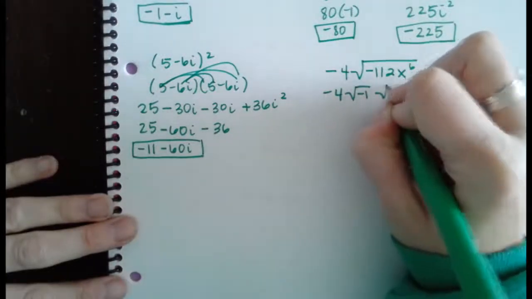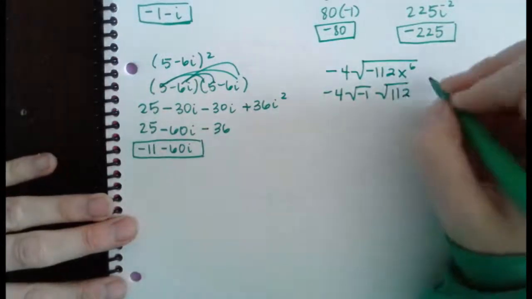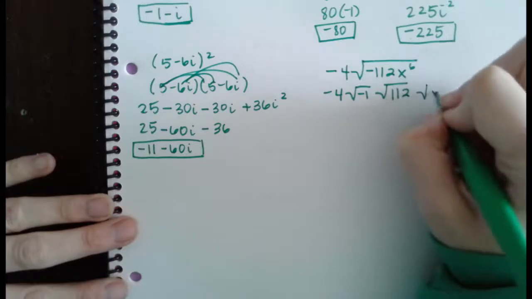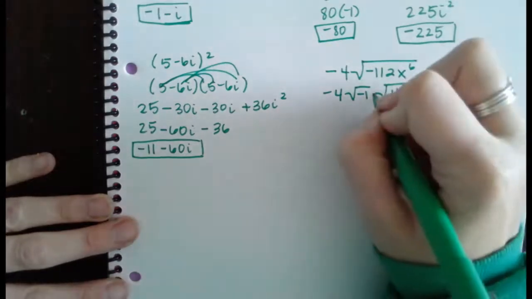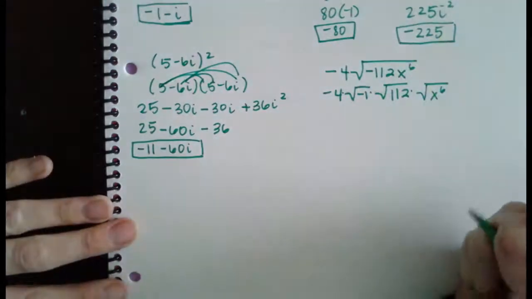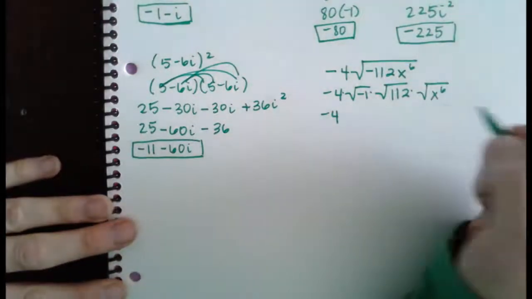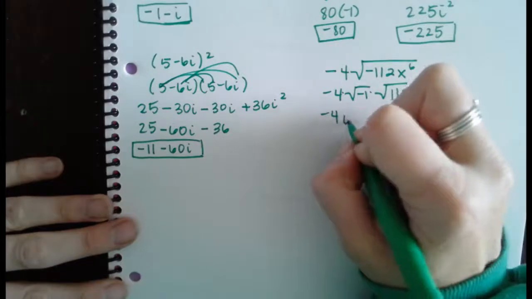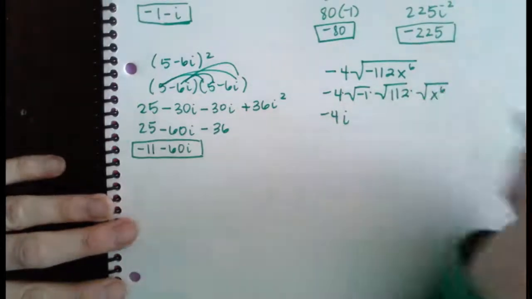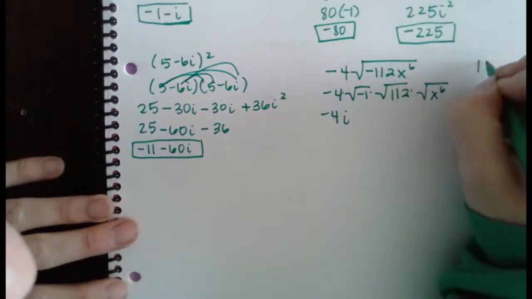My square root of 112. So let's factor tree that. 112 is the same thing as, well, 4 times 28 is 112, and 4 can be broken up into 2 and 2, and then 4 and 7 make 28, and 4 can be broken up into 2 and 2.